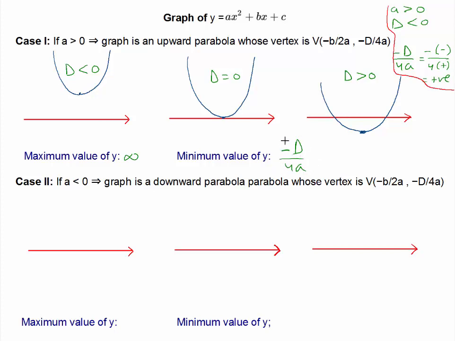If D equals 0, this would become 0, which is the minimum value of y. And for D greater than 0, this whole thing will become negative, and the minimum value would be negative. Second thing that we need to notice is that the x coordinate of this vertex is minus b by 2a in all the three cases.